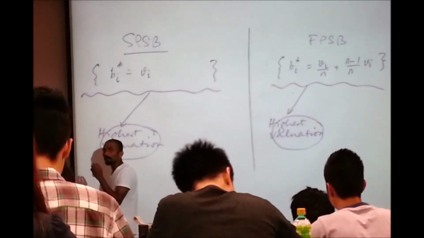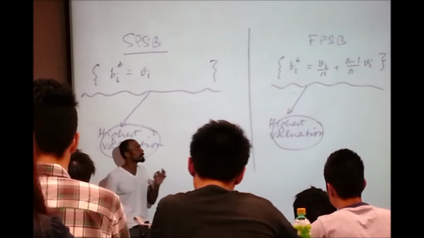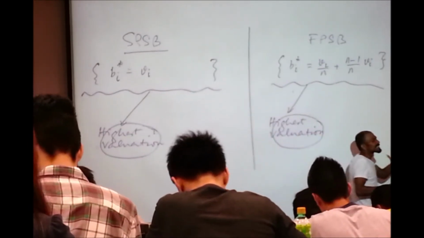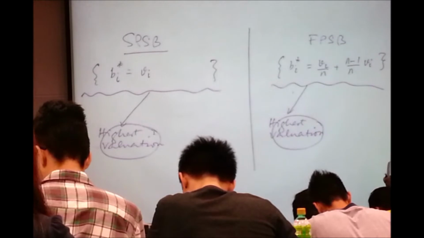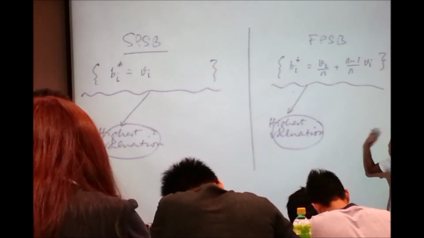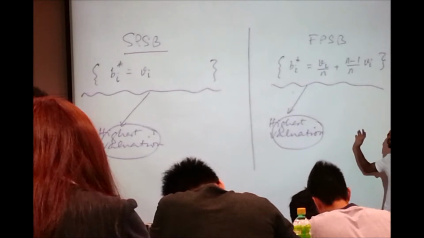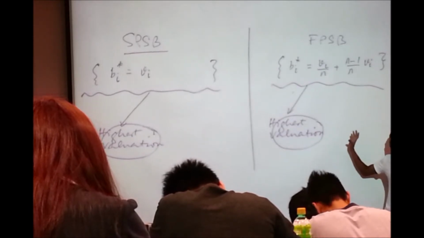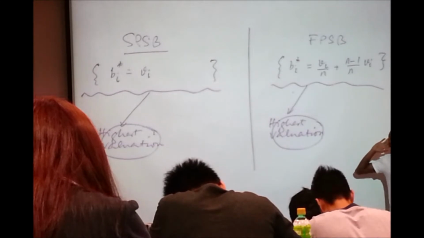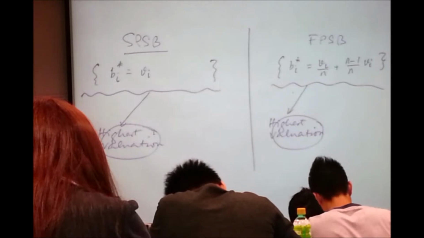By efficient, I mean that in equilibrium, the guy who wins is the guy who values the good the most. If an auction delivers the good to the guy with the highest valuation, then we call the auction efficient. That is the definition of the efficiency of an auction.